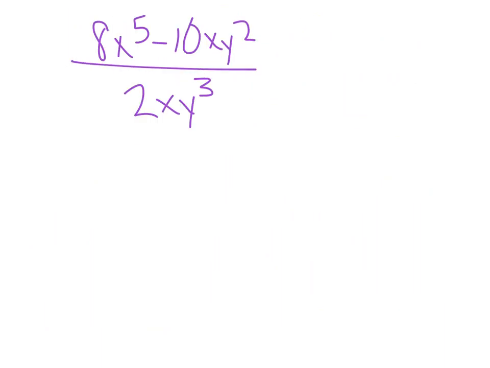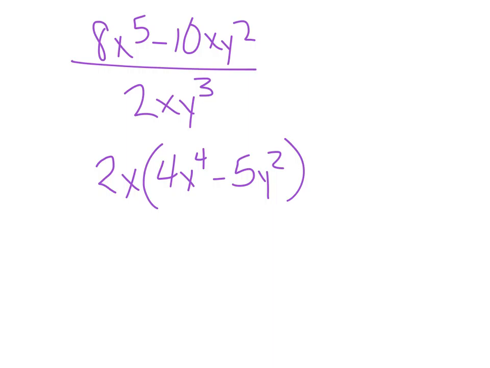And here's number 39 down at the bottom, 8x to the 5th minus 10xy squared over 2xy cubed. Then it says simplify and then state the excluded values. All right, so if I look at the top, looks like I can take a 2x out. So then that would give me 4x to the 4th minus 5y squared, I believe.